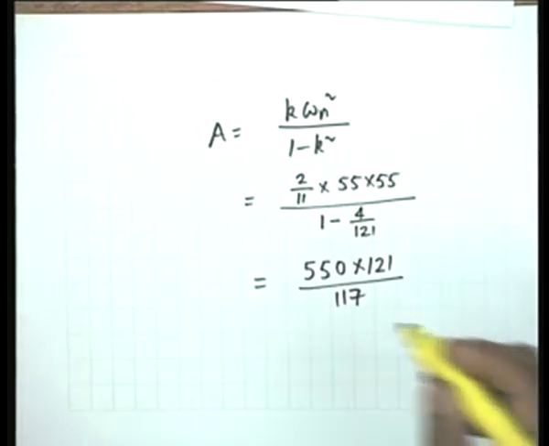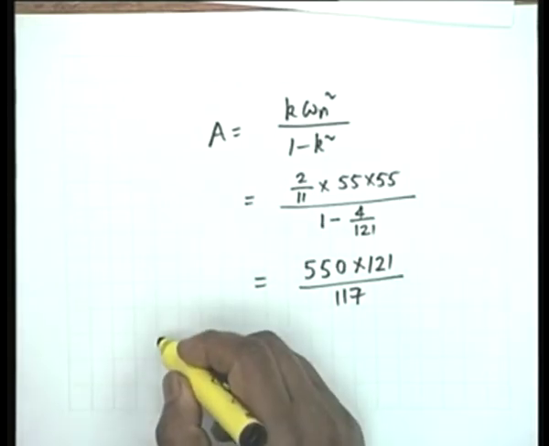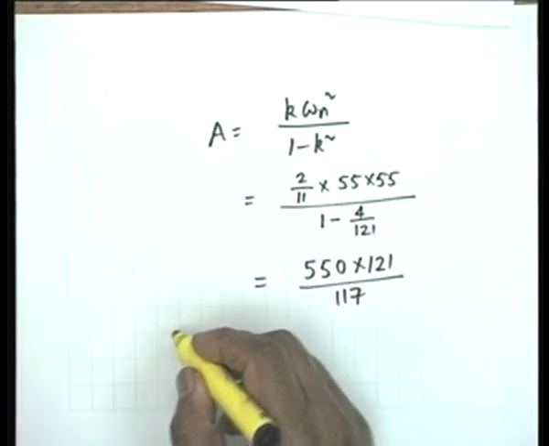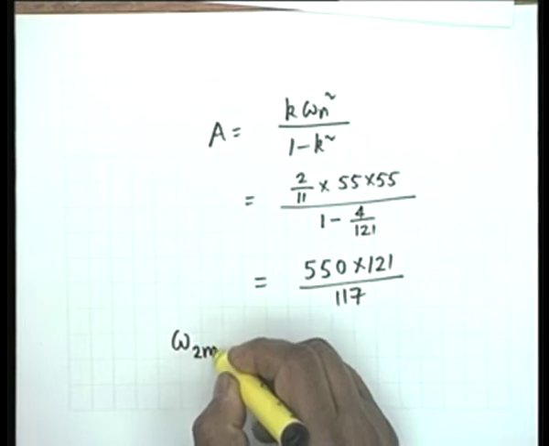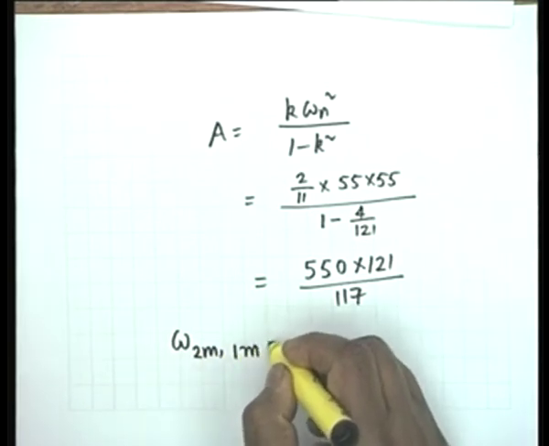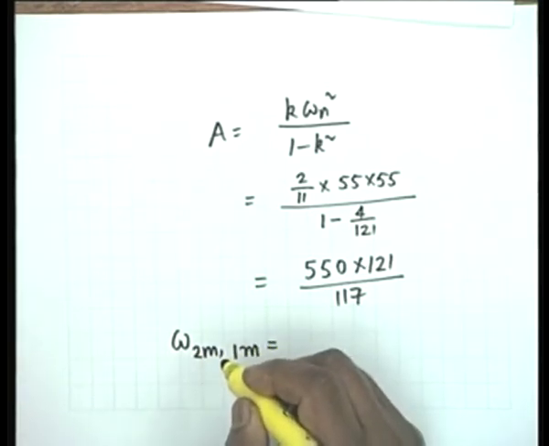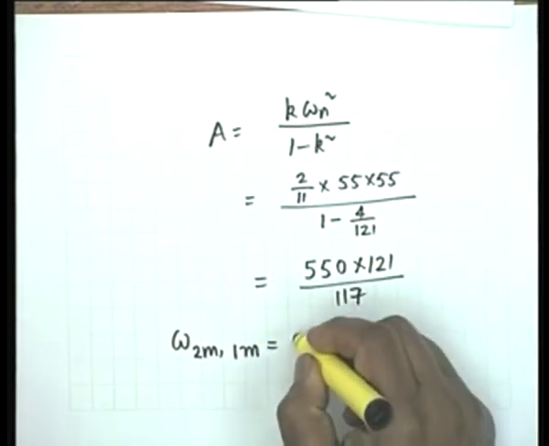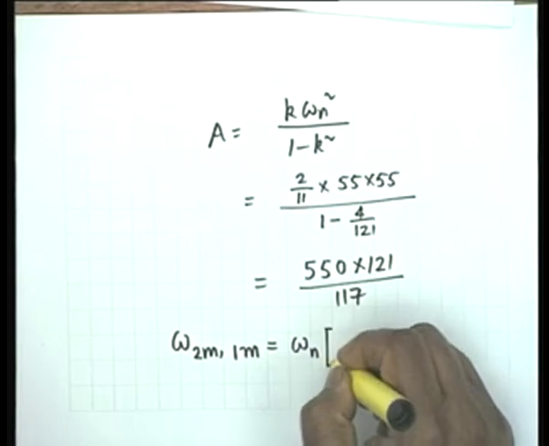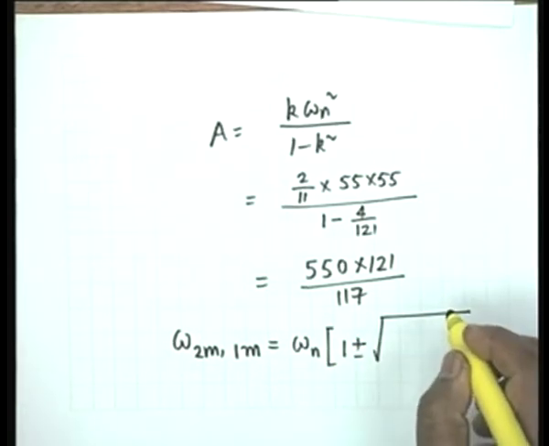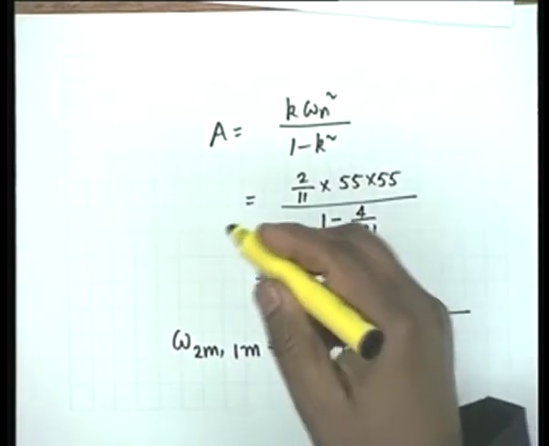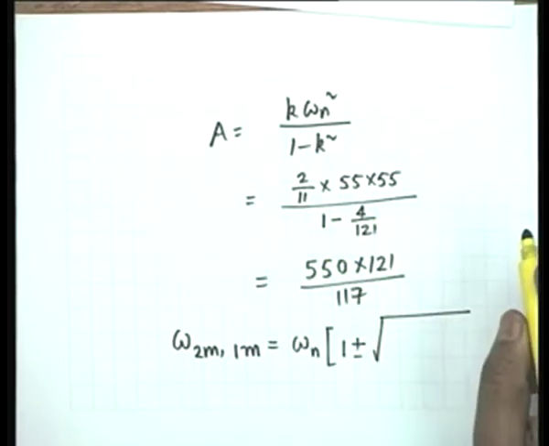Okay. Then I find out the maxima, the frequencies of maxima, that is omega 2m and omega 1m. I have already derived the values from that triangle. The values are omega n multiplied by 1 plus minus square root of k square by 4 minus zeta square. I did this in the class yesterday, and also I took help of this in the example, but I did from the figure with numerical values.